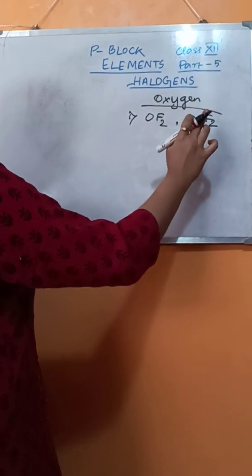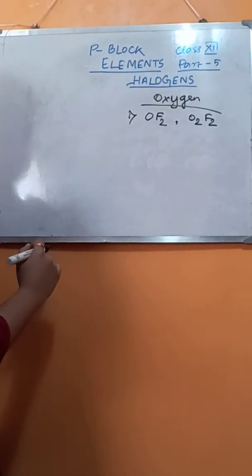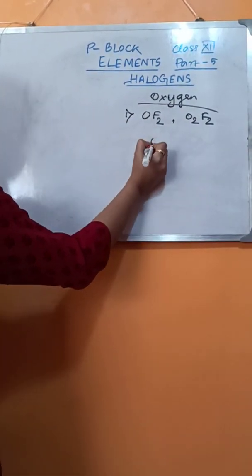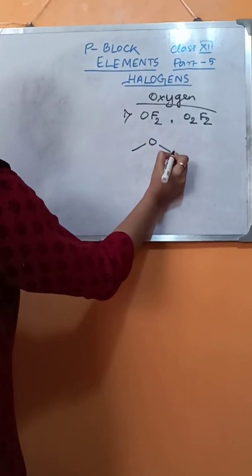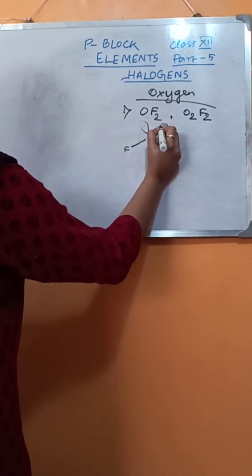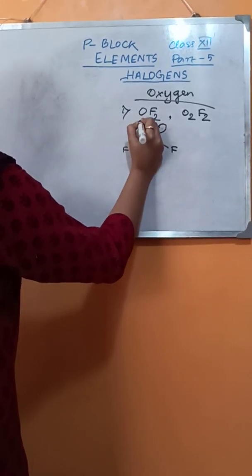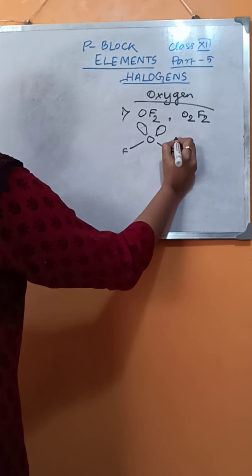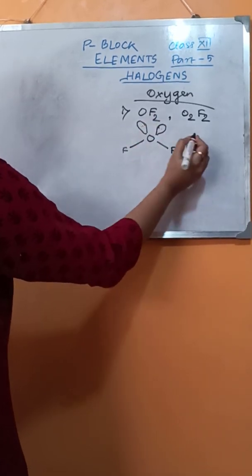Oxygen difluoride, dioxygen difluoride. The structure is important. This is the structure of OF2.